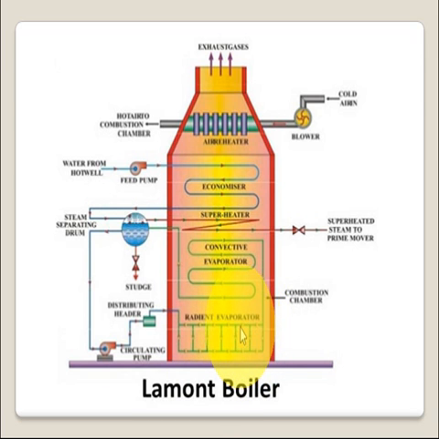Then mixture of water and steam enters into convective evaporator, where it is converted into saturated steam, and that steam is supplied in a steam drum, and the steam generated is supplied to the superheater, where the saturated steam is further heated by using the heat of exhaust gases, and saturated steam is converted into superheated steam, and that superheated steam is supplied to the prime mover.